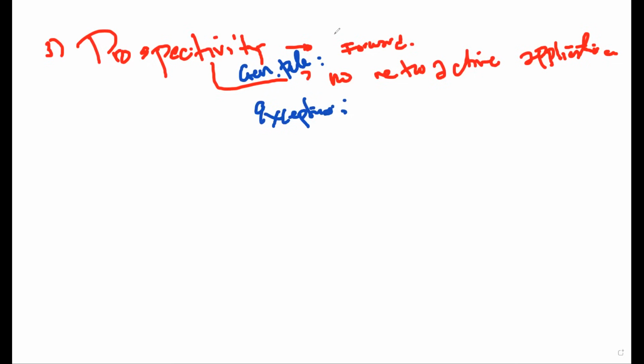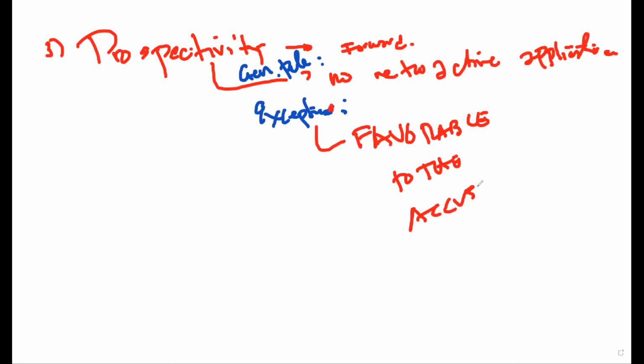And what are those instances? Number one, the only exception is if it is favorable to the accused. If it is favorable to the accused, then it can be given a retroactive application. That's only one exception.